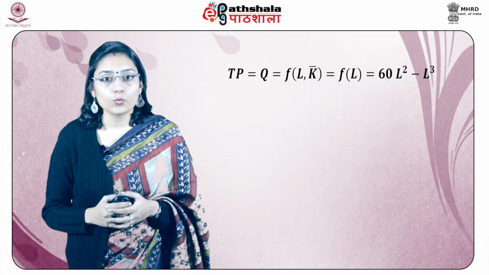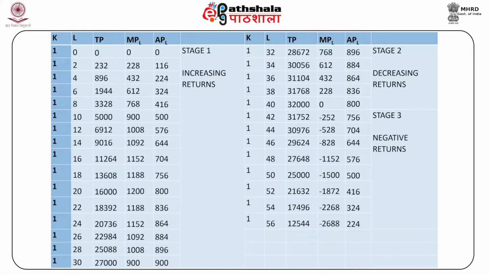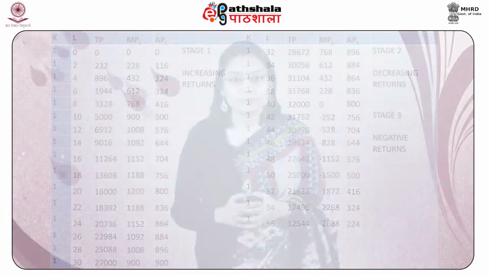This is equation 1. The total output obtained and the corresponding values of average and marginal output levels are tabulated below in table 1. Assuming that the firm employs 1 unit of capital and increases the employment of labor starting with 0 units and going up to 56 units.